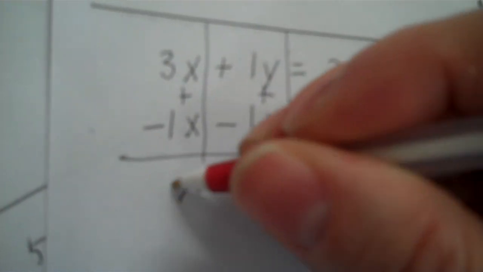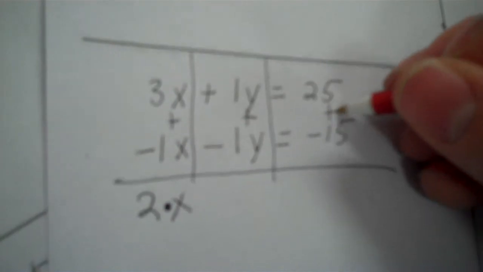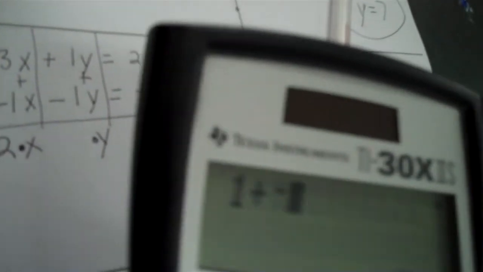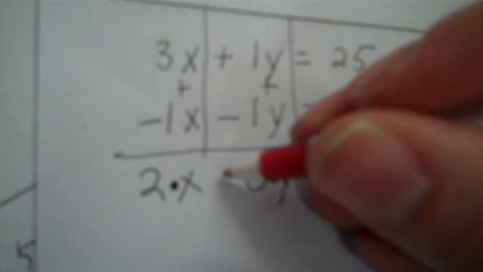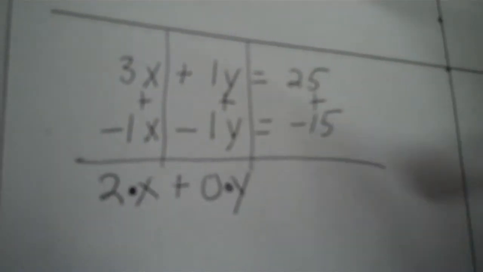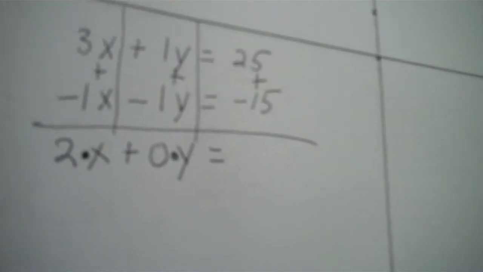You write your X down with a times, and then you need to take 3 plus negative 1. That's 2. Then you drop your Y down with a times. 1 plus negative 1 is 0. Now, if you don't have a sign there, like a negative, you put a positive. Then put your equals straight down, and you take 25 plus negative 15, and that's 10.